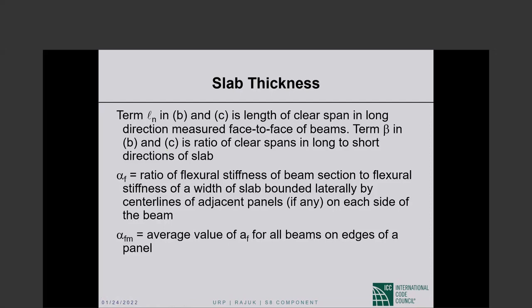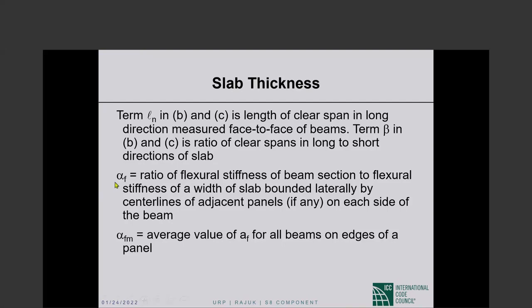So alpha sub f, I will read it again and then I have a picture. Ratio of flexural stiffness of beam section to flexural stiffness of a width of slab bounded laterally by center lines of adjacent panels. So this is center line of panel to center line of panel slab width stiffness of that.